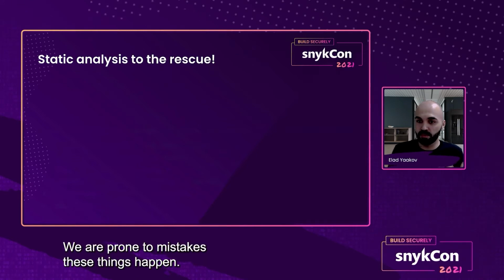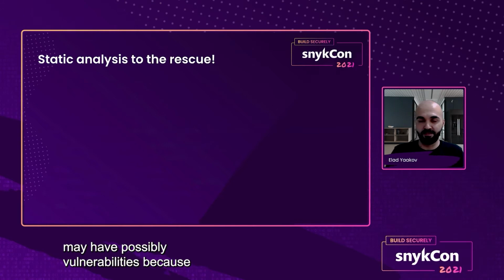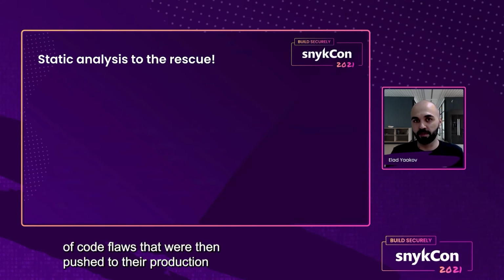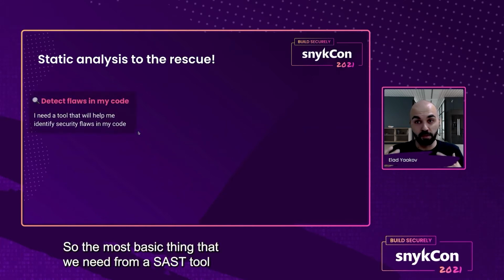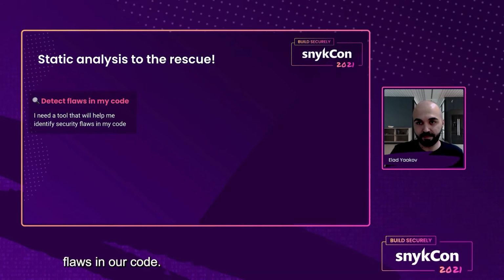We're human, we're prone to mistakes, these things happen. And even companies that heavily invest in security may have vulnerabilities because of code flaws that were then pushed to their production environments. So the most basic thing that we need from a SAST tool is to help us make sure that we don't miss possible security flaws in our code.